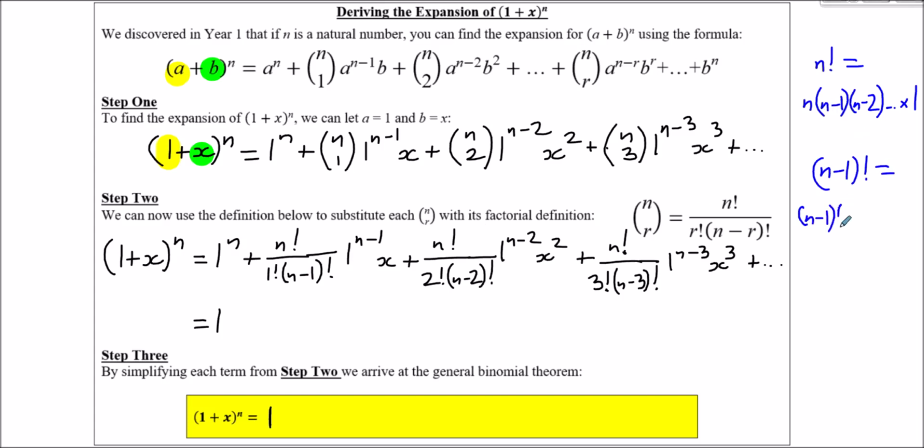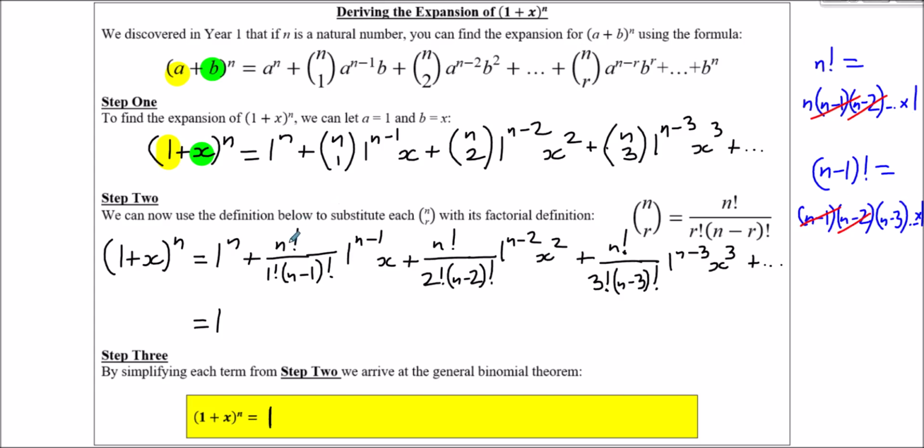So I have n minus 1, n minus 2, n minus 3, all the way down until we're times n by 1 again. So if we do n factorial divided by n minus 1 factorial, this n minus 1, n minus 2 and everything beyond will cancel. So it'll all just cancel off.